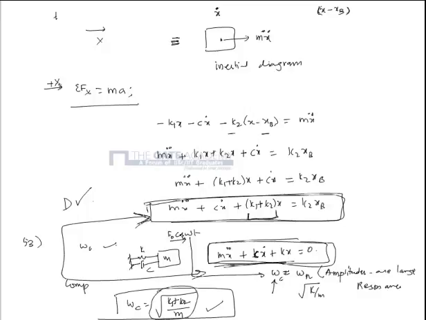This value is the natural frequency of this system, which you get by comparing the left side of this with the left side of the other, and that is your omega c for exceedingly high amplitudes. So the answer is A. The option is A. Thank you.